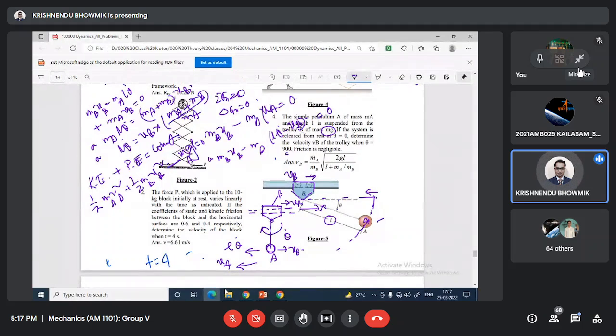So when theta equal to 90 degree, it will have MAG multiplied by length, that will be the energy. So kinetic energy for A plus for B equal to the potential energy.